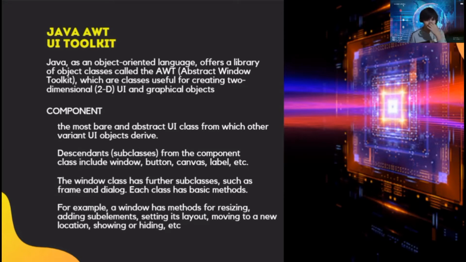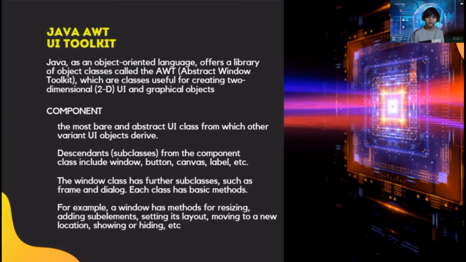So the component is the most bare and abstract UI class from which other variant UI objects derive. Descendants, or the subclasses of the component, include window, button, canvas, and label. The window class has further subclasses such as frame and dialog, and each class has basic methods.